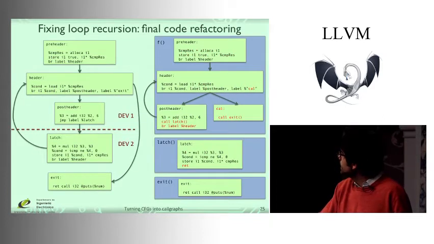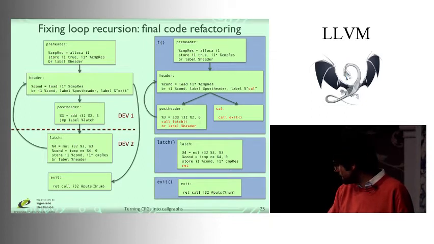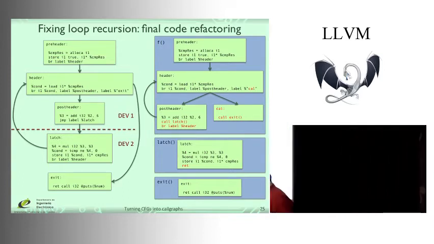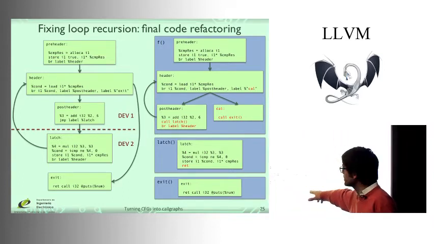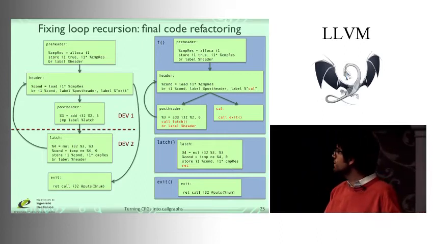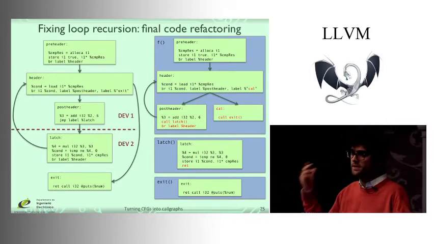Okay. Once you have turned the loop into a denormalized form, where the header takes care of all the branching issues, you can see here that by just changing the branch of the latch block into a return, every time that we get to the latch block, we unwind the stack.